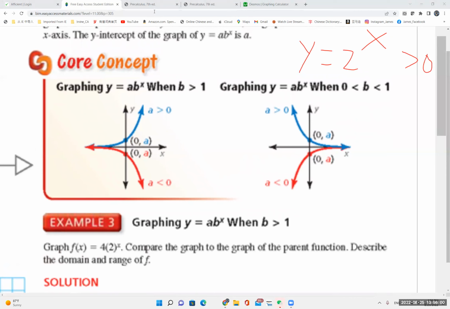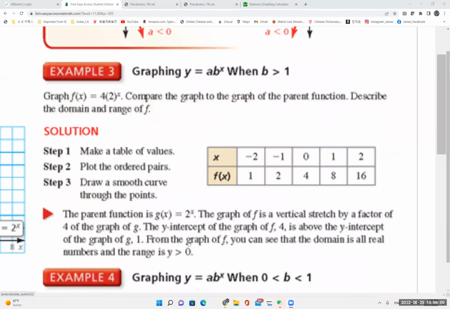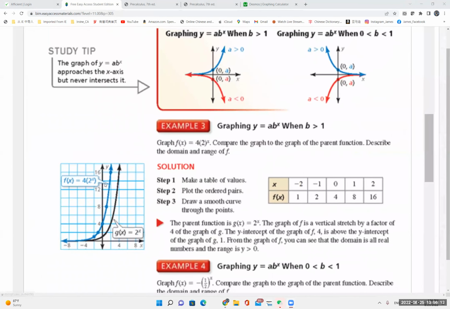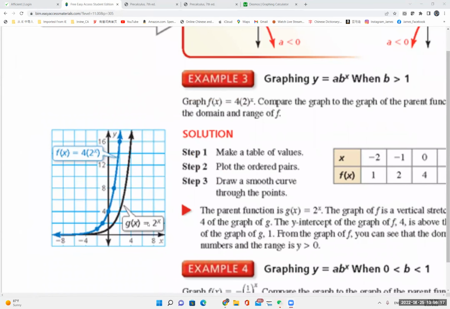Here they show how they draw it. And here they draw two graphs. One is for 2 to the x power, another is for 4 times 2 to the x power.